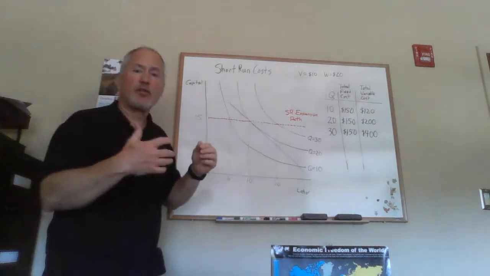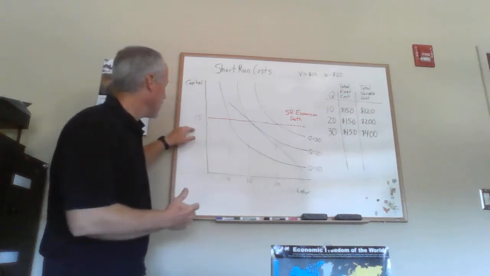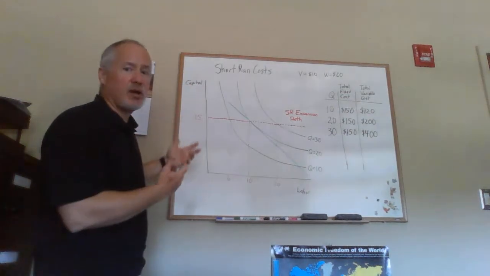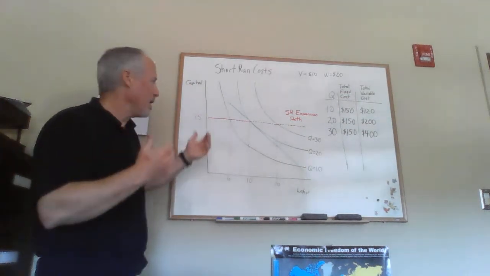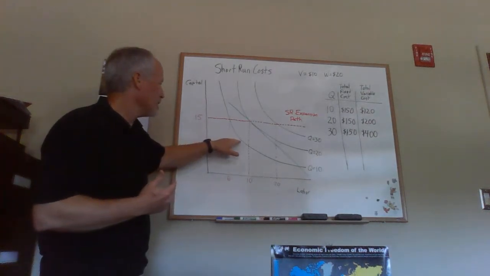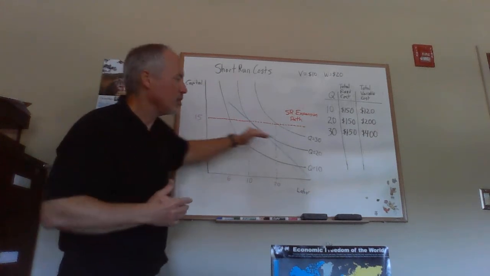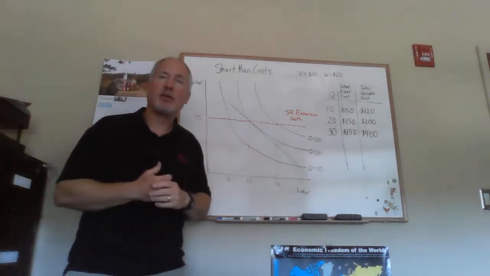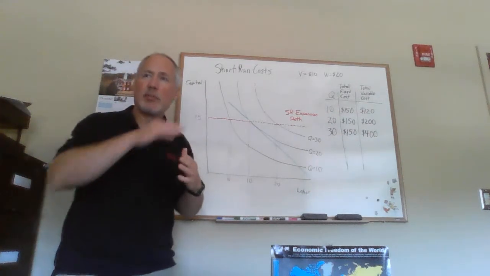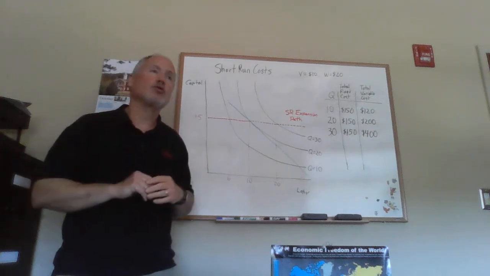It is possible that the firm could have had their capital stock fixed at a different level. They might have 10, they might have 20, something other than 15. If the firm had, say, a smaller capital stock, say they had minimized costs of producing a quantity of 10 here, they'd have a smaller capital stock, but then in the short run, there'd be a period of time with a smaller capital stock in which that capital stock is fixed, so you'd have a different horizontal short run expansion path.